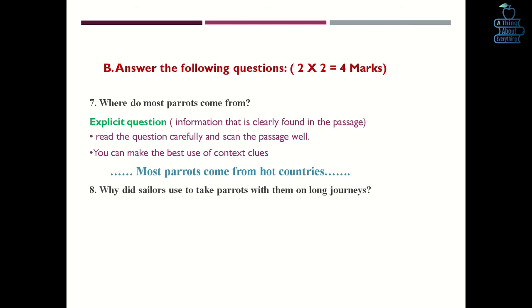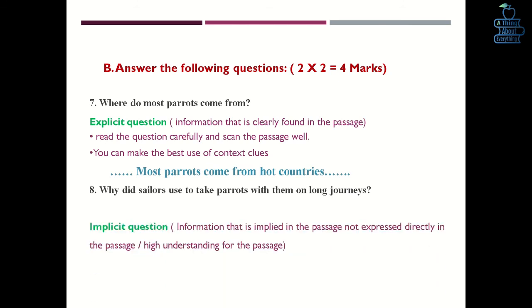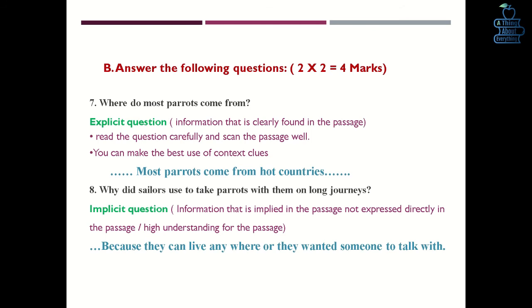And why did sailors use to take parrots with them? According to the text, this is an implicit question. You can interpret that through the text, because they can live anywhere, or they wanted someone to talk with. Maybe that is why they take parrots with them.